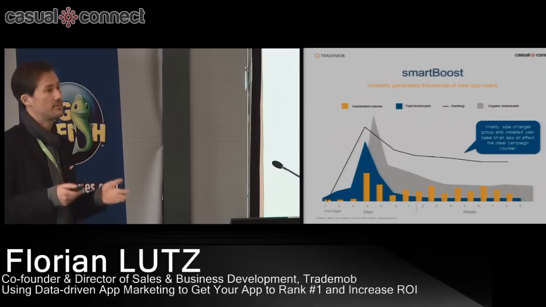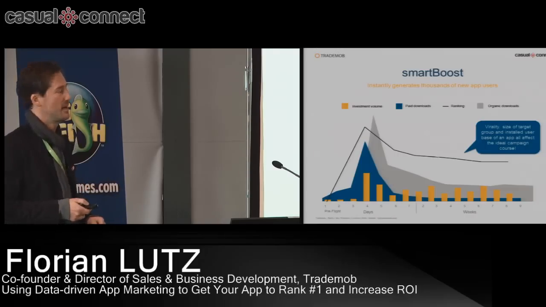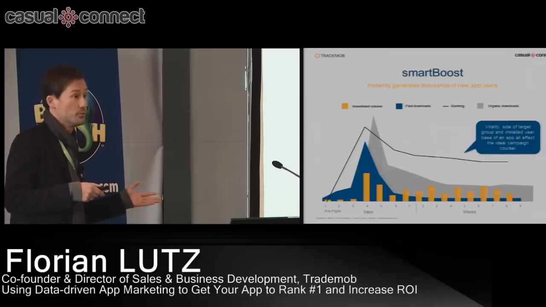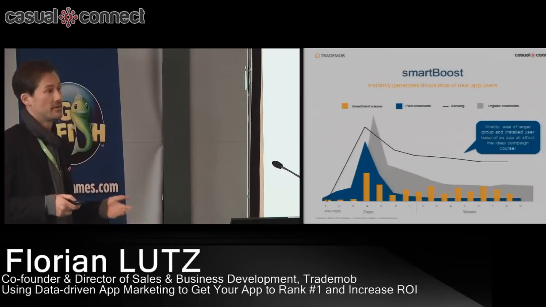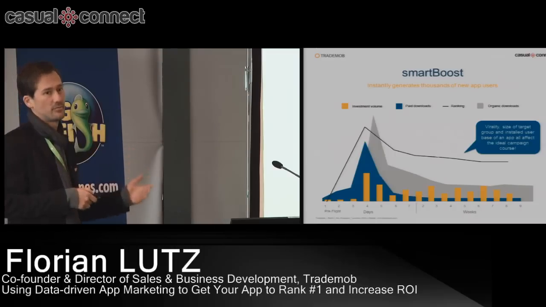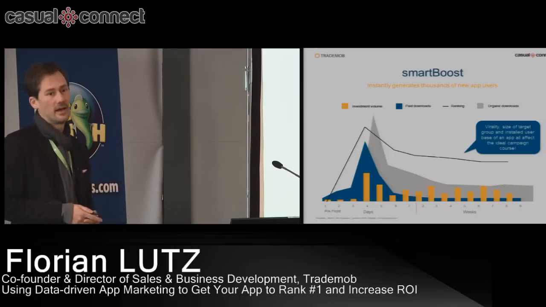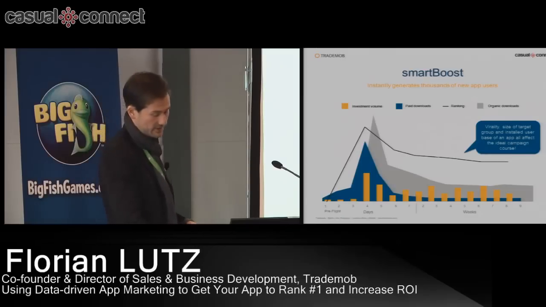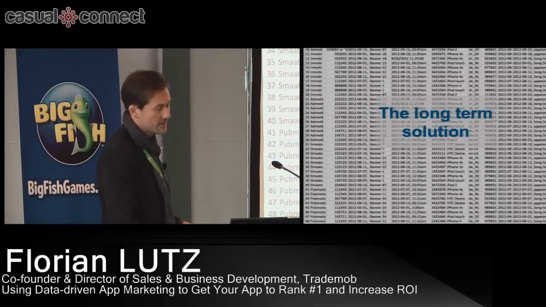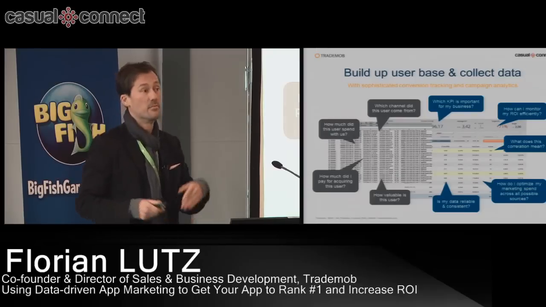So effectively, we'll keep you at a top 10 or top 20 placement for at least a couple of days, so you maximize the amount of organic downloads. That's really why we call it a smart boost and not just a boost: it's driven by actual real-time data and by technology-guided marketing allocation decisions.